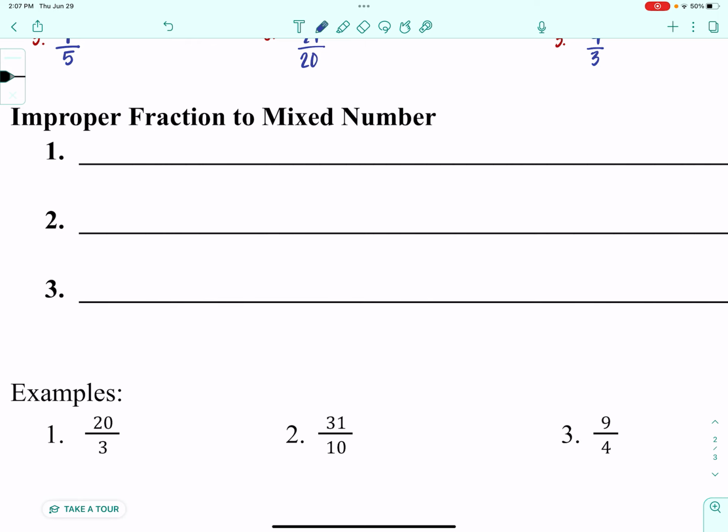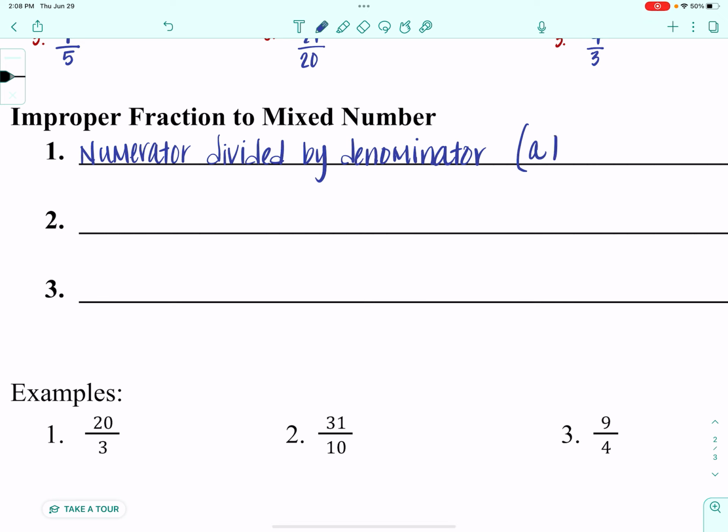And we are going to do the numerator divided by the denominator and we're going to use the old school number outside the house, number inside the house format.